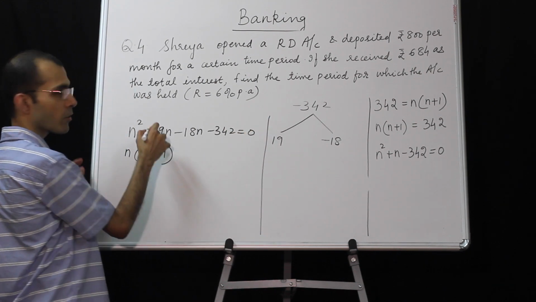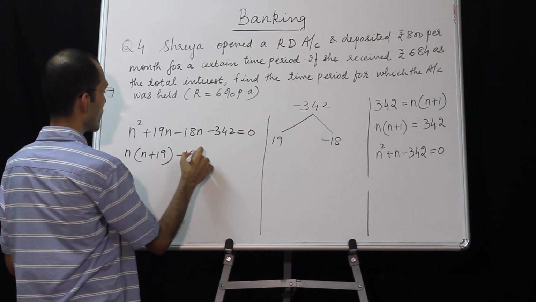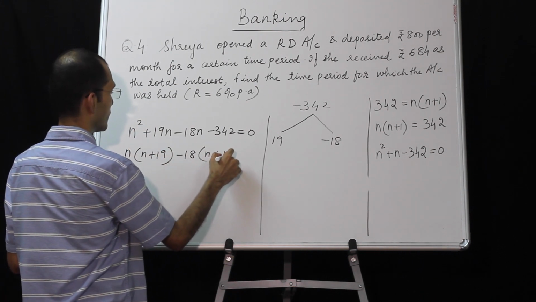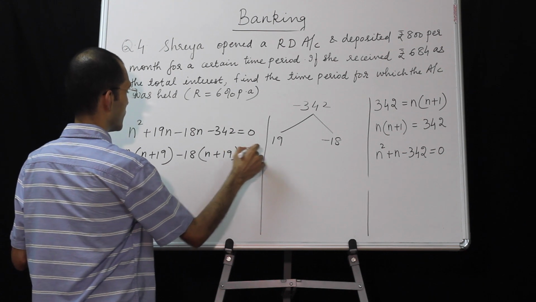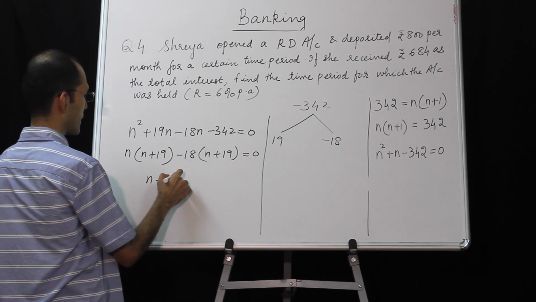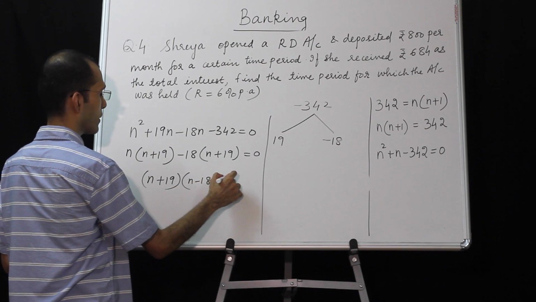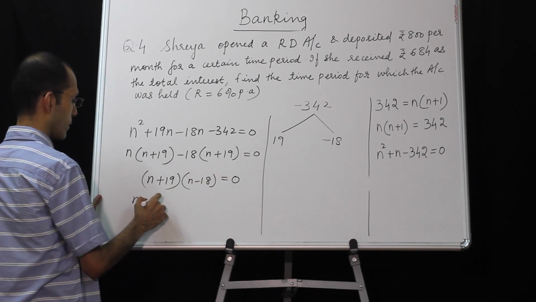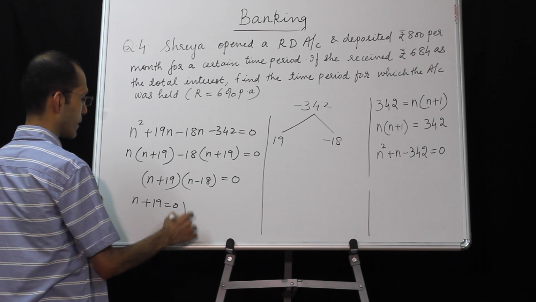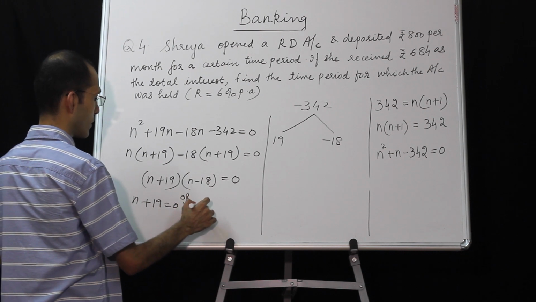Now it is a routine quadratic equation which we are solving. n plus 19 common, n minus 18. Product of two numbers is 0, so either of them will be 0.